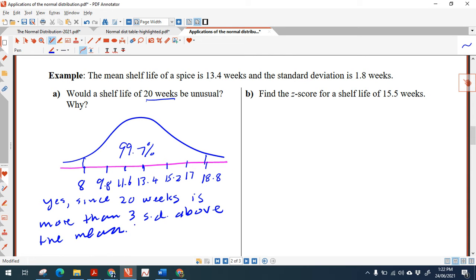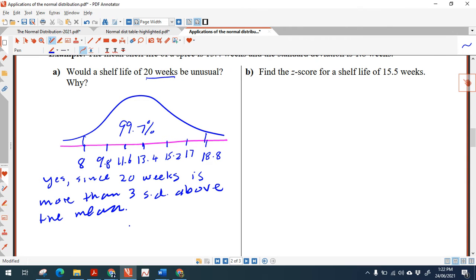Okay. Now the other interesting thing is you also mentioned the percentage of data which is there. So if we've got 99.7% of the data within 3 standard deviations, that means 0.3% is outside, right? So 0.3% is this shaded region here and this shaded region here, which is symmetrical. So that means that bit there, beyond 3 standard deviations, must be 0.15%, right?